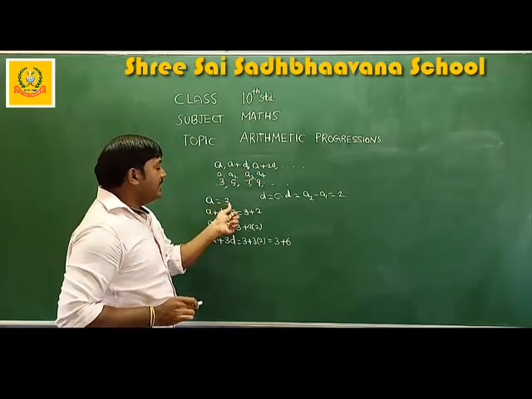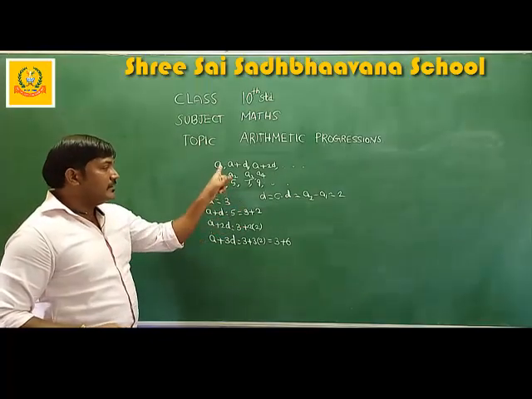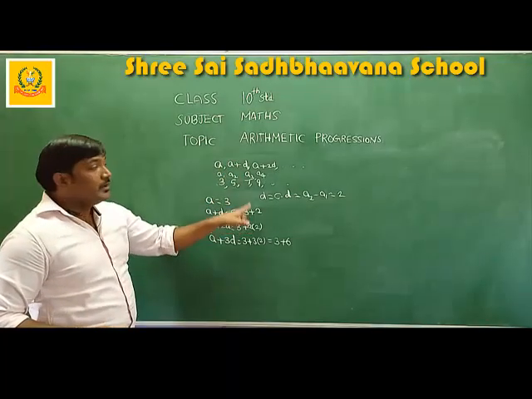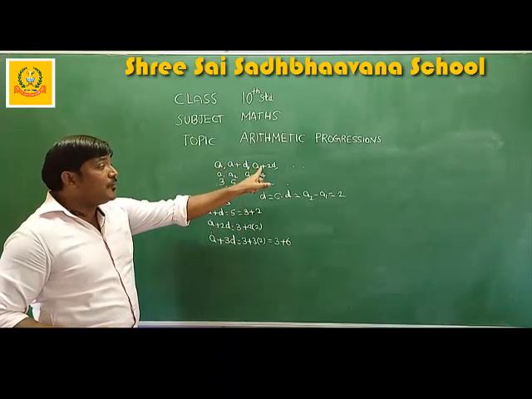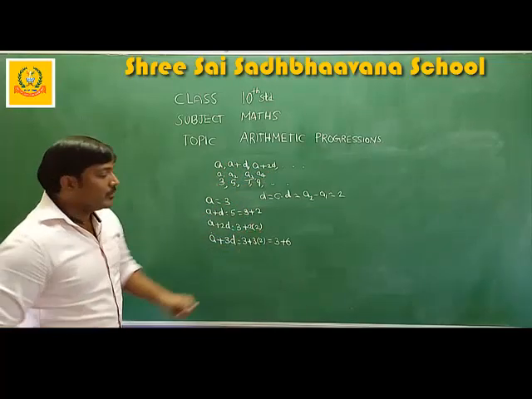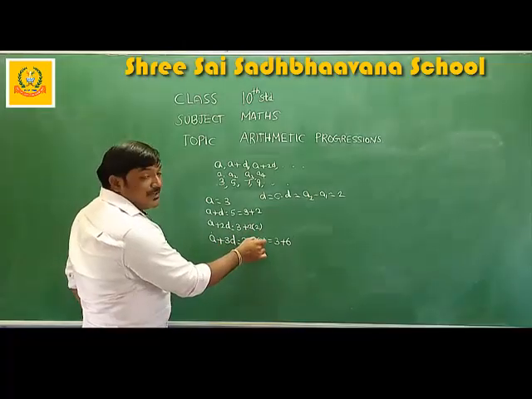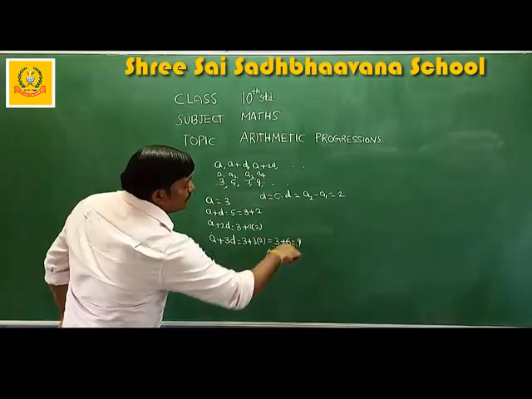So a is 3, and for the second term we add 2. And with respect to a, we have to add 4 for this because 2 times 2. And in general it will come as 3 plus 3d, which is 3 plus 6, which is equal to 9.